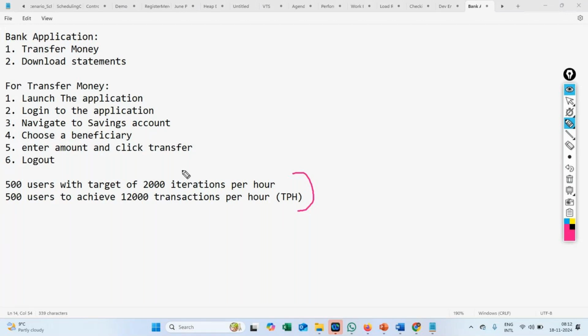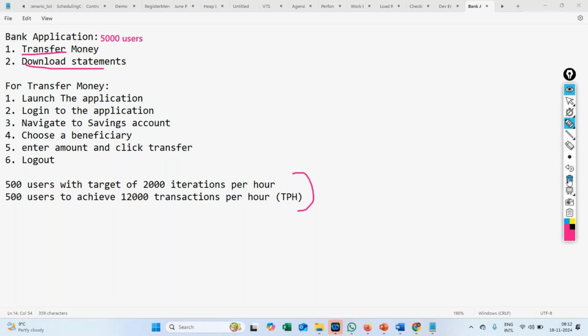The client can give you input at the application level also. Overall, the client might give you 5000 users, and then the client might say that I don't know how many are for transfer money and how many for download statements.